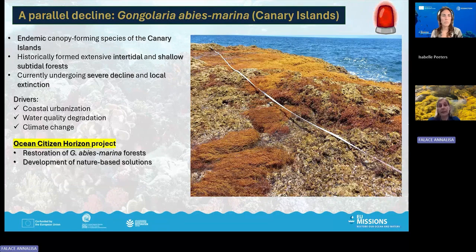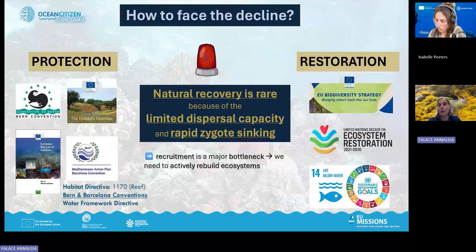Now it has been subject to very strong reduction and also local extinction. The Ocean Citizen Horizon project has as one of its focuses the restoration, together with colleagues from Gran Canaria, of the abies-marina forest in Tenerife, but we will talk about this later.